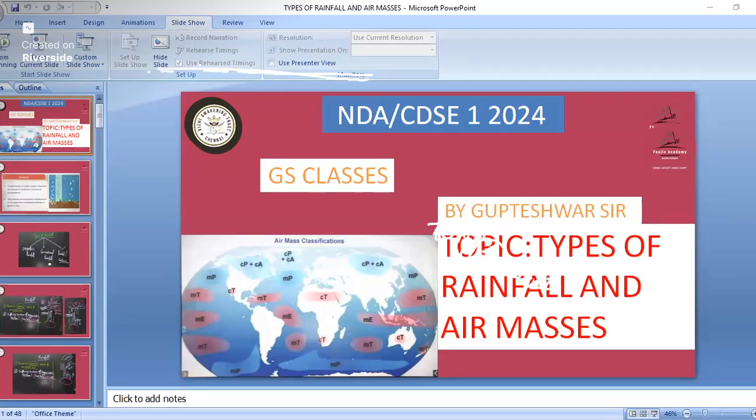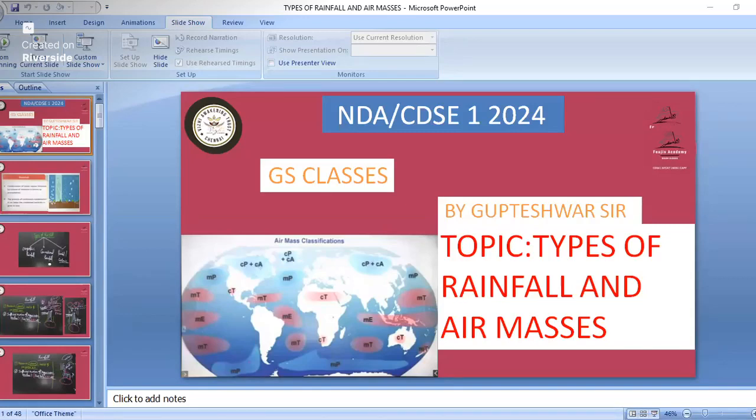In that particular landform, cold air mass formation will be happening. In the 60-65 degree part only, there will also be front formation. When we study fronts, you will be able to understand that easily.